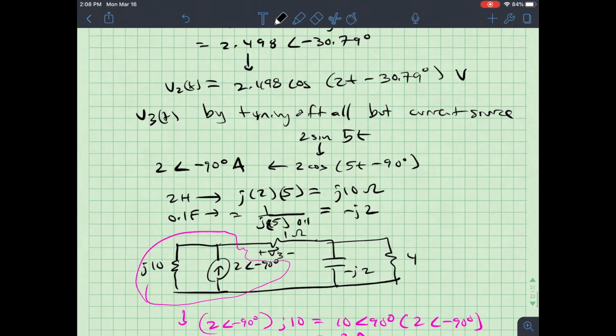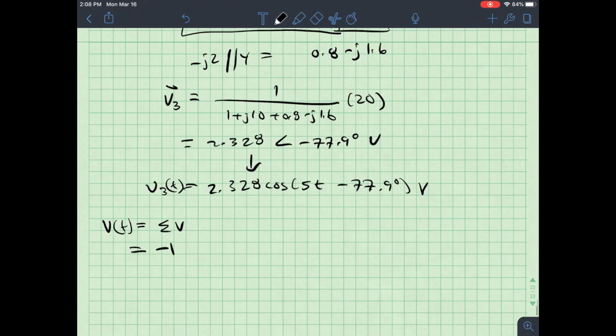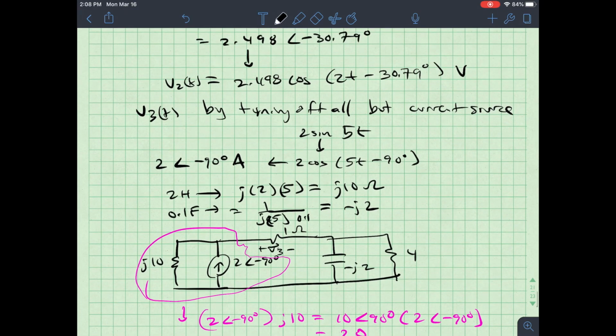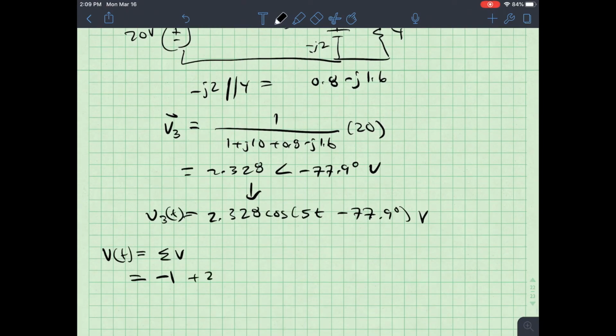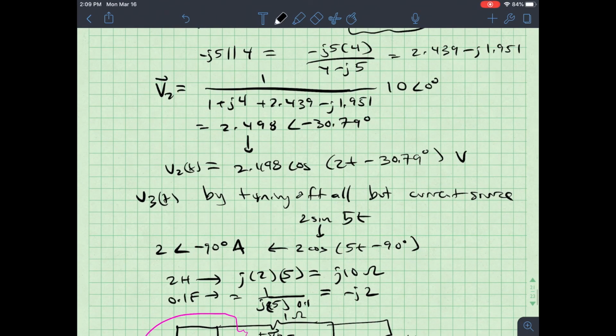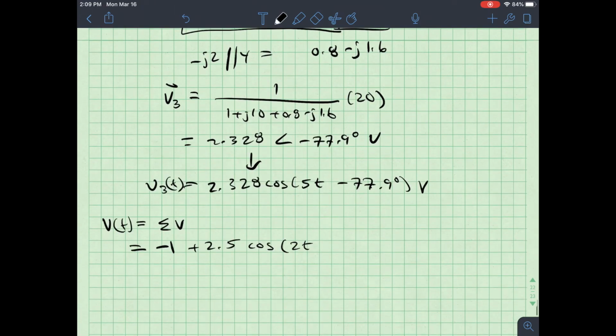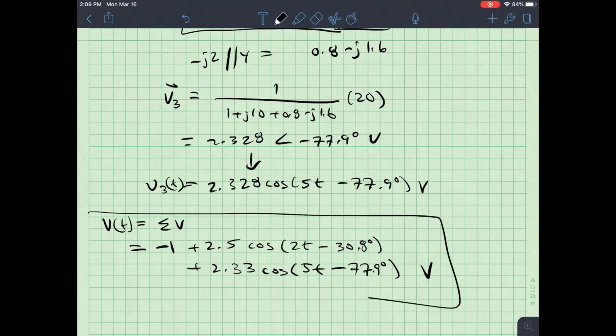It's equal to minus 1 plus 2.5, roughly, cosine of 2t with an angle negative 30.8 degrees, plus 2.33 cosine 5t with an angle negative 77.9 degrees volts. This is the total output voltage.